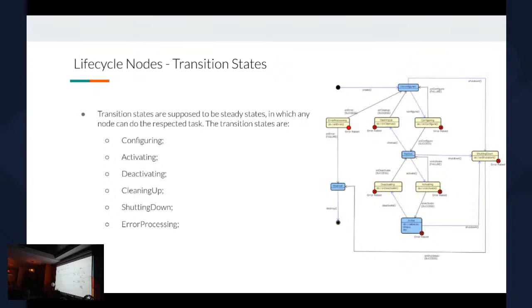And in this callback you define the publishers, subscribers, everything that is defined for your ROS application to be able to run, such as the services and also actions, parameters that you might have from your launch file, and so on and so forth. Then you have the activating state, and this is the state that actually turns on the parameters and the subscribers and publishers that you defined in the configuring state.